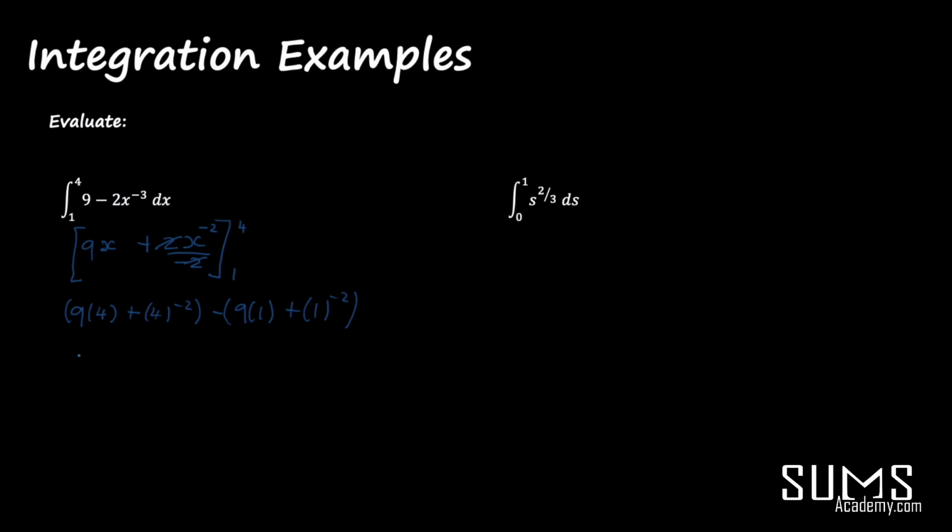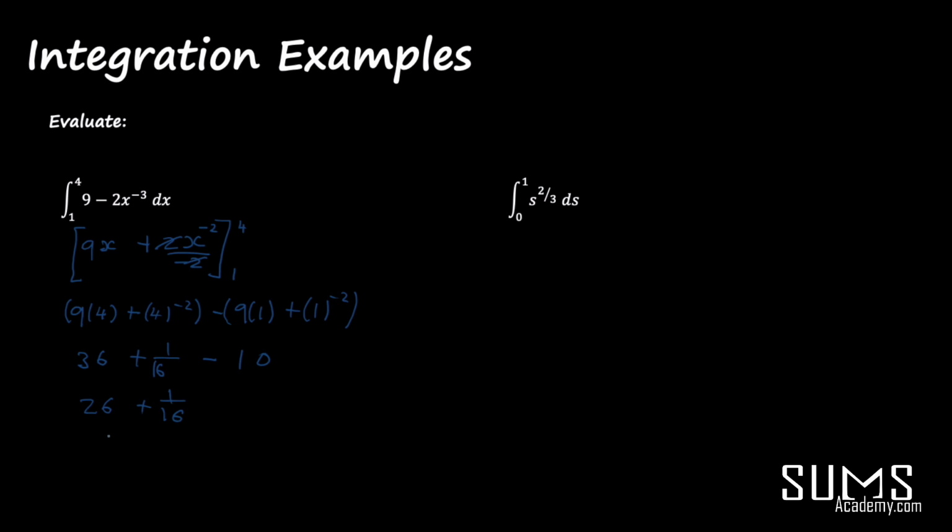This becomes 36 plus, we could think of this as being 1 over 4 squared, so plus 1 over 16. 36 minus 9 plus 1 is going to be 10, so this becomes, well, it'll become 26, won't it? 26 plus 1 over 16.